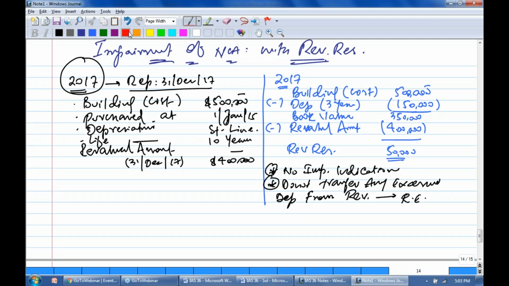So if we work out the extract: in the income statement, the depreciation expense for the current year is 50,000, and in the statement of financial position, in the non-current assets, property plant and equipment, the amount reflected is 400,000.